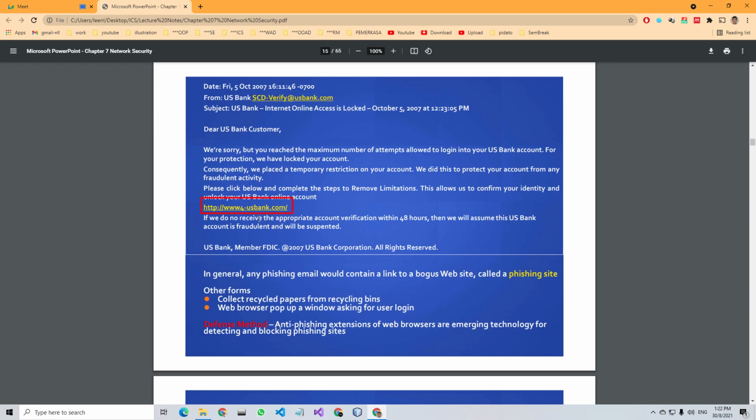They put in a little bit of a threatening feature: "If we do not receive the appropriate account verification within 28 hours, then your account will be suspended." I'm not sure whether you ever received this kind of email, but I did. So I immediately deleted and blocked it.